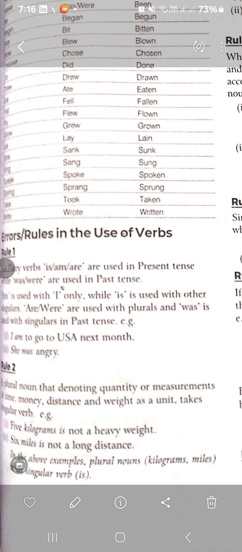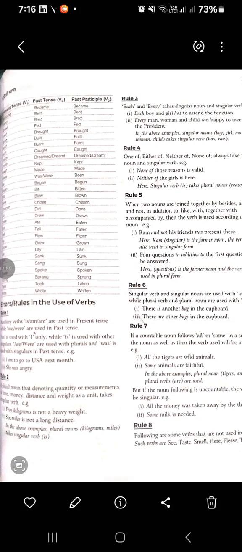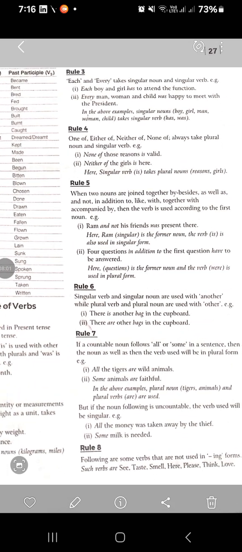We always use "is" here in case of quantity, measurements, time, money, distance, weight as a unit. We take a singular verb. 6 miles is not a long distance. Now you will be understanding, I think so.